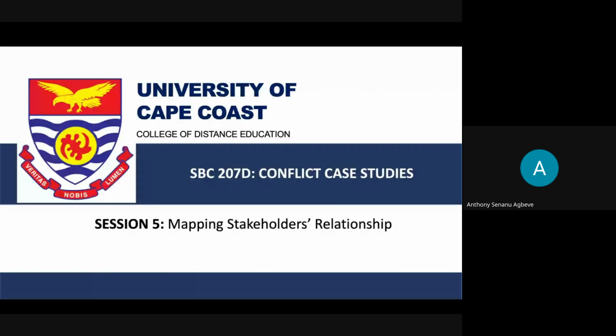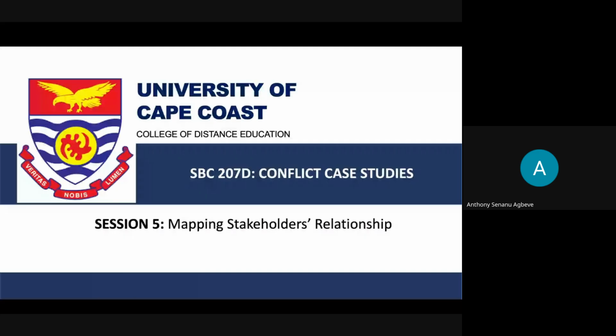So just like the conflict mapping, here you want to map the relationship that exists among the stakeholders to be able to identify common areas or common grounds where all stakeholders are all speaking to a particular issue on how or what they feel needs to be done, so that the conflict can be dealt with effectively.